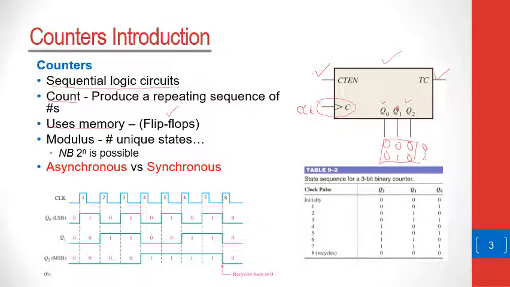Now, you will notice that whenever we have a 3-bit counter, the counter can count up to 111, because this number is restricted by the fact that the counter only has 3 bits.